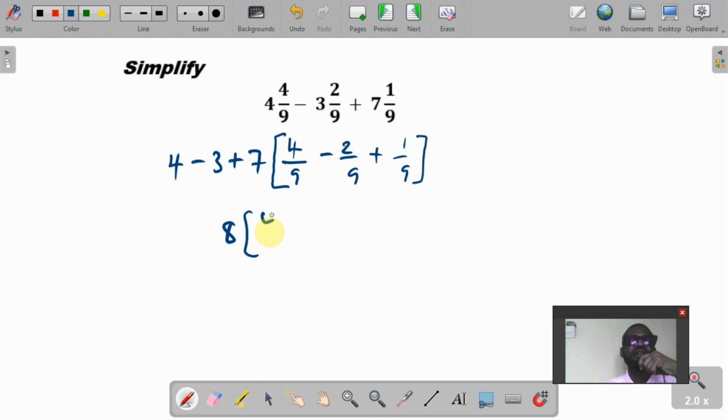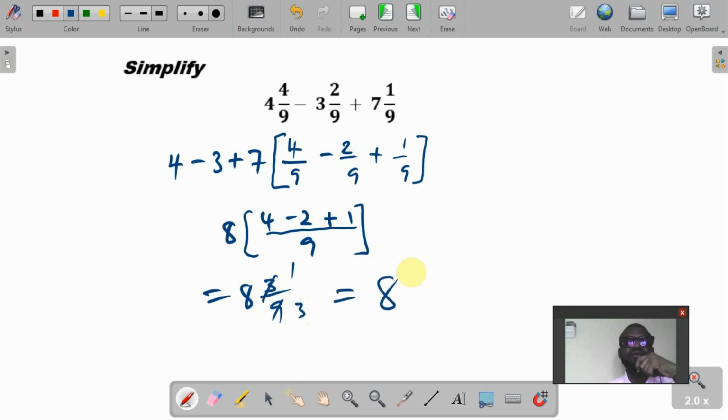Then I will say 4 minus 2 plus 1, all divided by 9. So I'll have here 8. 4 minus 2 is 2. 2 plus 1 is 3 over 9. But 3 over 9, I can still divide by 3, 1 by 3, 3. My final answer becomes 8 whole number 1 over 3.